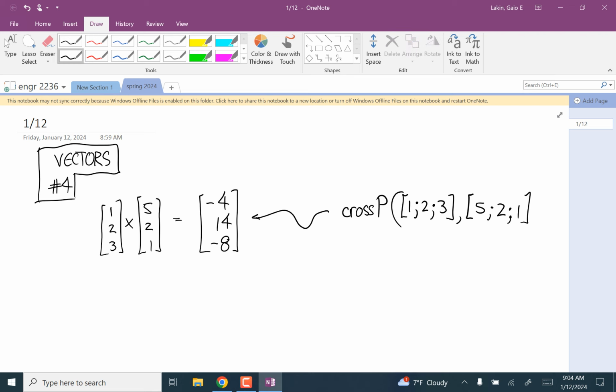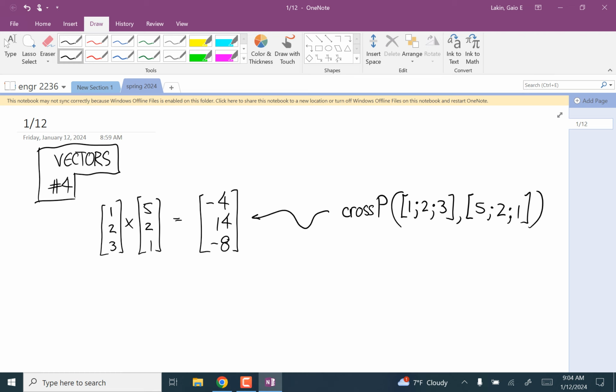Those need to be semicolons and not commas because these are column vectors, column matrices. Does it matter in this case, if you used commas? I guess it still works. Okay, still works. I guess maybe I've never tried that, but it will matter when you start multiplying by matrices. So I would get in the habit of doing this for vectors.